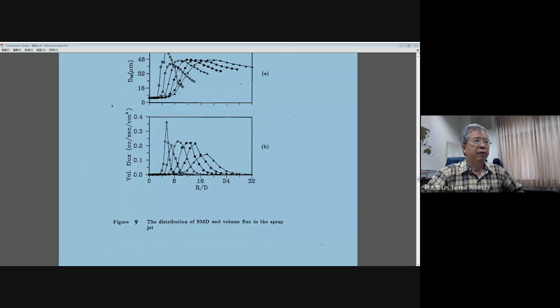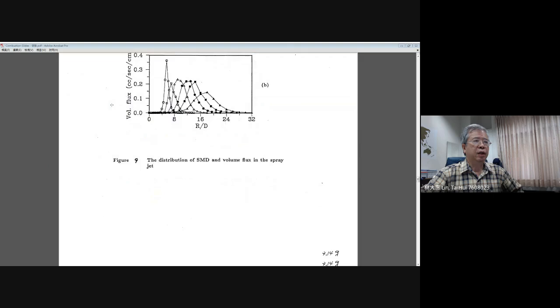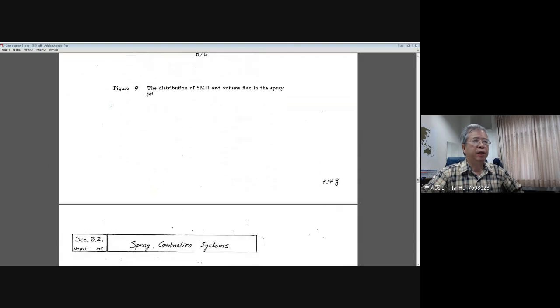I think this finishes the discussion on the spray field you may have for a given spray injector. This is a typical example to let you know. But it is not the same for different kinds of spray fields, and you may have a different spray flow field.